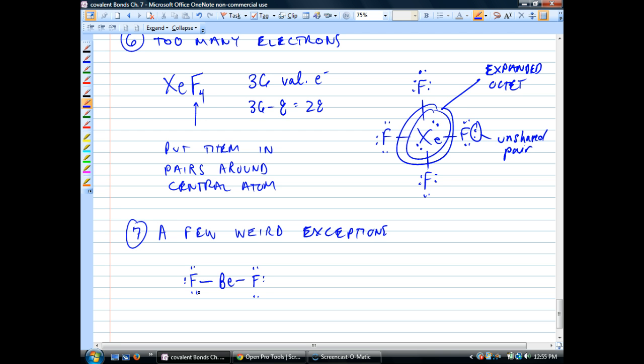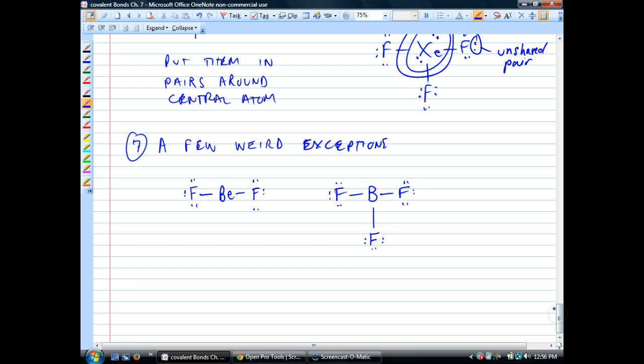I would think it would be an ionic compound because beryllium's a metal. So that's weird to begin with. And then boron trifluoride. Now these are molecules that you should just memorize, because if you do the Lewis structures for these, you will not get this answer. So those are some weird exceptions. Boron trifluoride, beryllium difluoride.